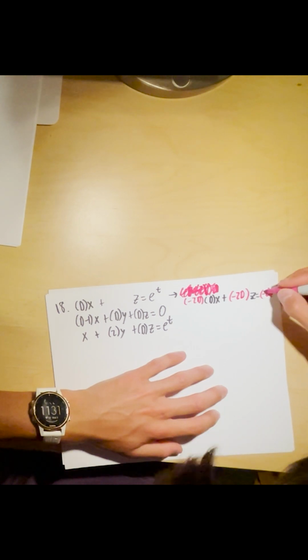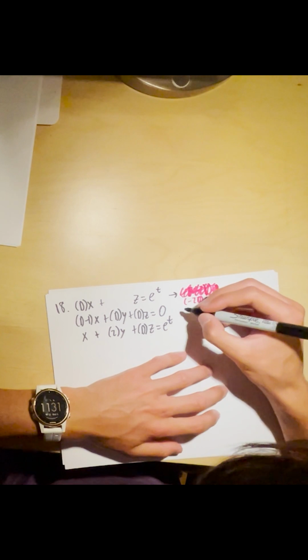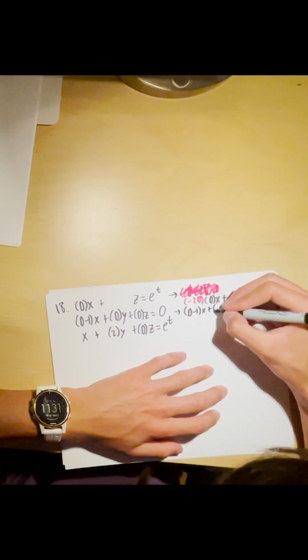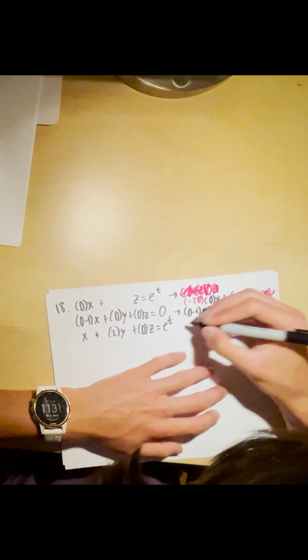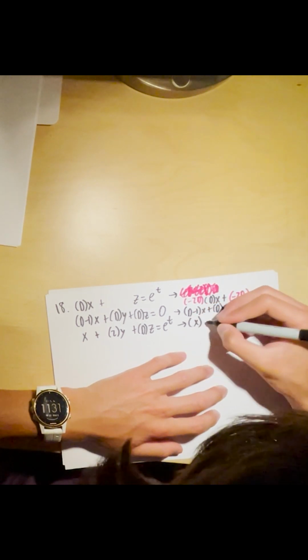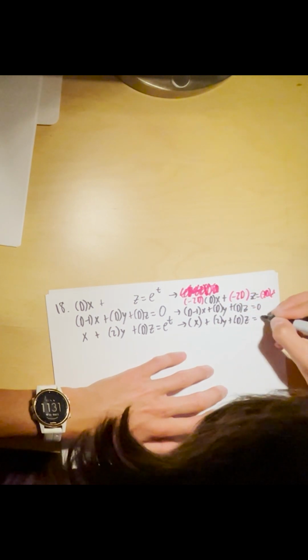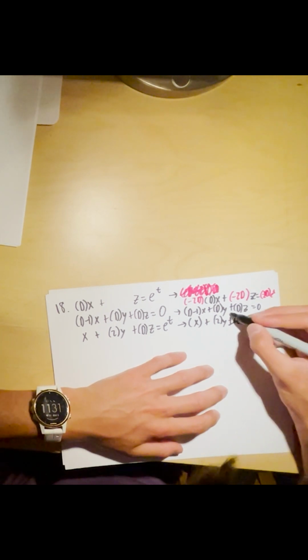Negative 2D e to the t. The second equation and third equation stay the same, so I'll rewrite those. And so we're going to cancel our z's, boom, boom, boom.